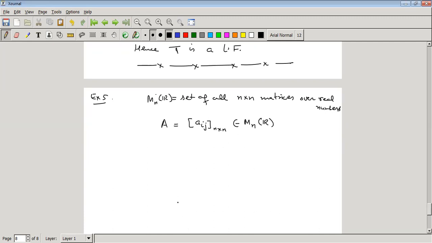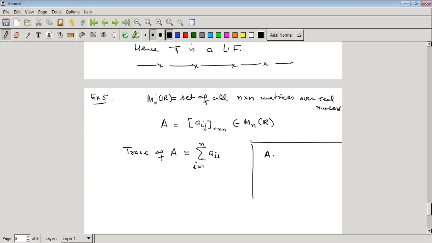Right? Now, how can we define the trace of a matrix? Trace of matrix A is equal to the summation from i equals 1 to n of A_ii. How do we define trace?